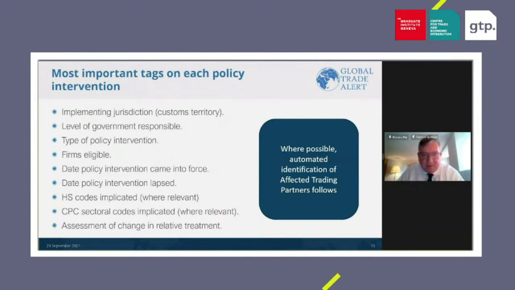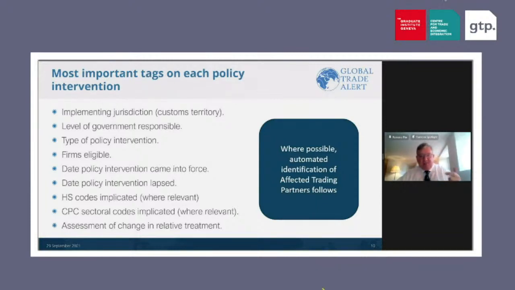Again, we have 61 different types of public policy intervention in our taxonomy, which firms are eligible, whether it's a horizontal measure, whether there are certain types of firms which are eligible, the dates a policy intervention is announced, comes into force and lapses, where a measure affecting trading goods is being considered, we will identify the HS codes, and we will also identify using the United Nations CPC classification, the sectoral codes, and we will assess whether or not the treatment of domestic firms is altered relative to that of foreign firms.